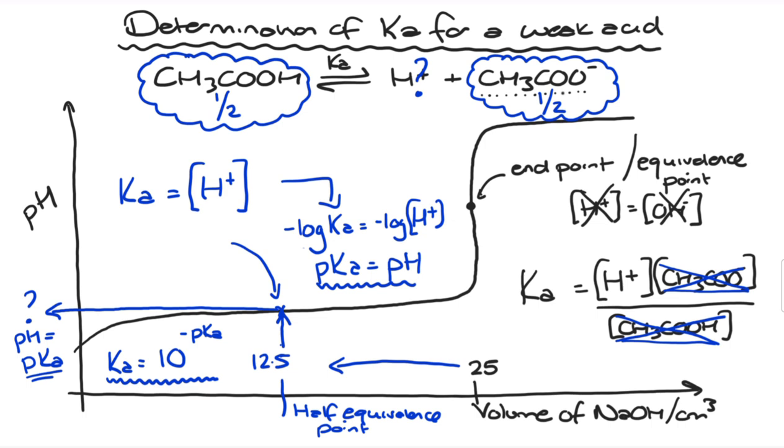And for students studying AQA, this is one of the required practicals and is a very common question asking you to evaluate Ka and stating the assumptions of knowing that the concentrations of the parent acid and the salt of that reaction are at that point equal concentrations, allowing the Ka equation to be simplified down, subsequently allowing the reading off of the pH equaling the pKa value at that precise point.